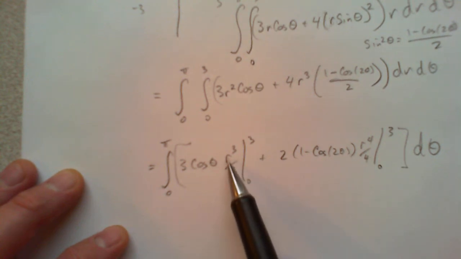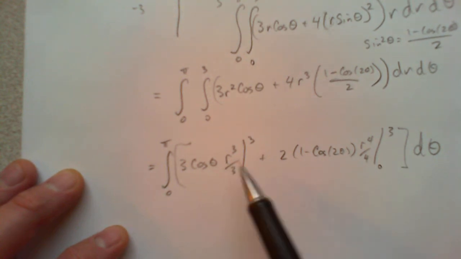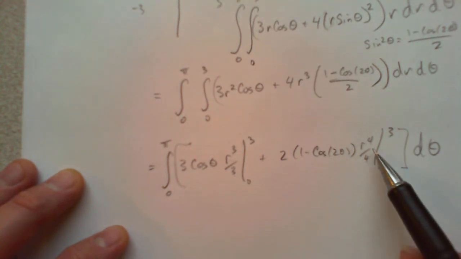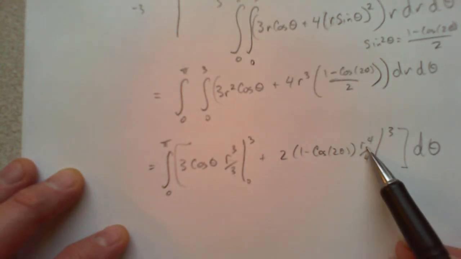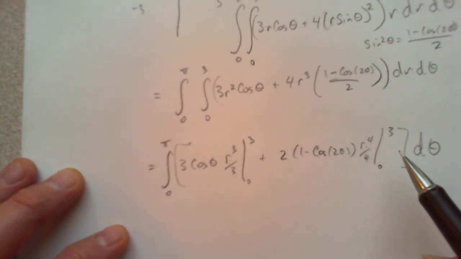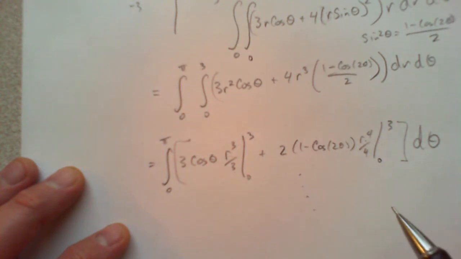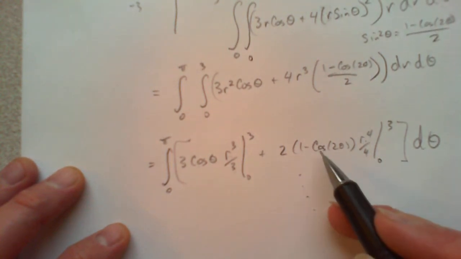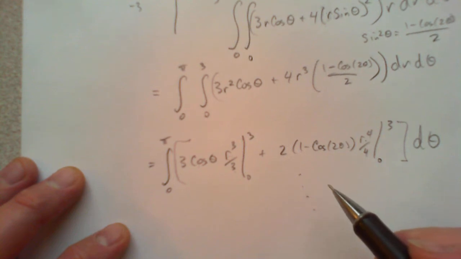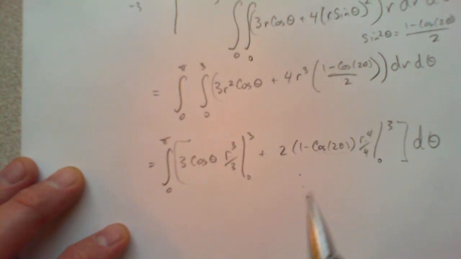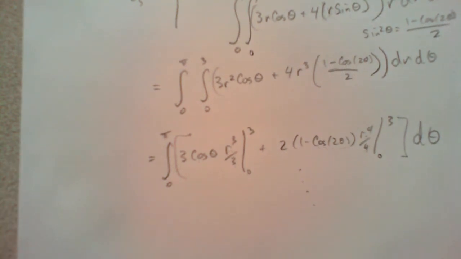This number here is going to be 27 when you have 3 cubed, and then it'd be 27 divided by 3. This number here is going to be 3 to the 4th, which is 81. Then you just finish it off from there, and it's going to be simple integrations: cosine, a single value of just a constant, and then a double angle formula, which is really easy to compute. You just do u equals 2 theta.